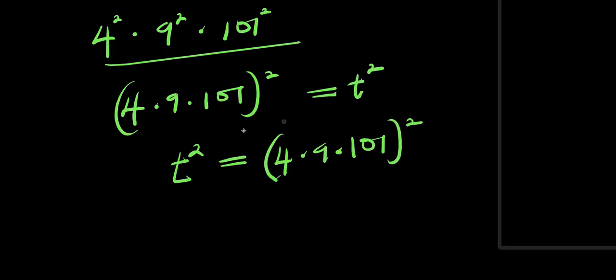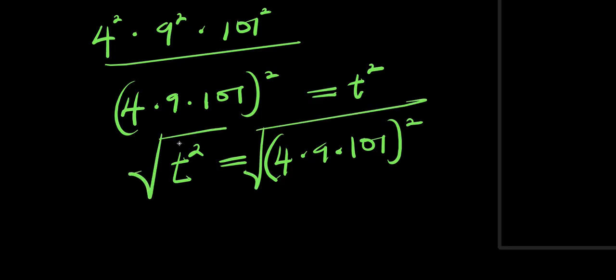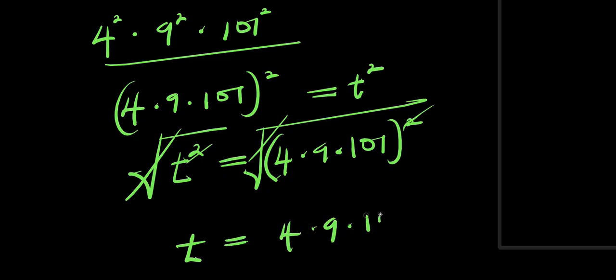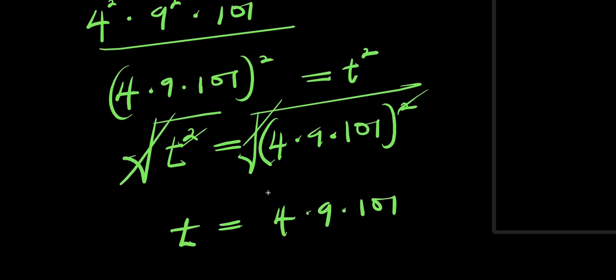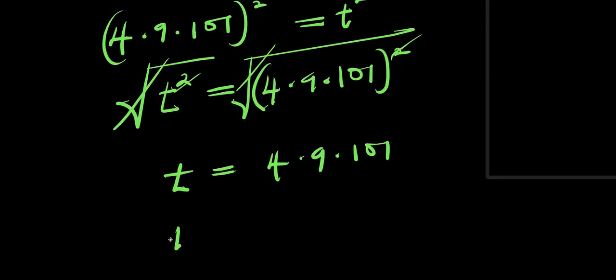So we take the square roots. This cancels this. This cancels this. So what do you have? T equals 4 times 9 times 101. And from here, you have T equals 4 times 9, that is 36. 36 times 101.